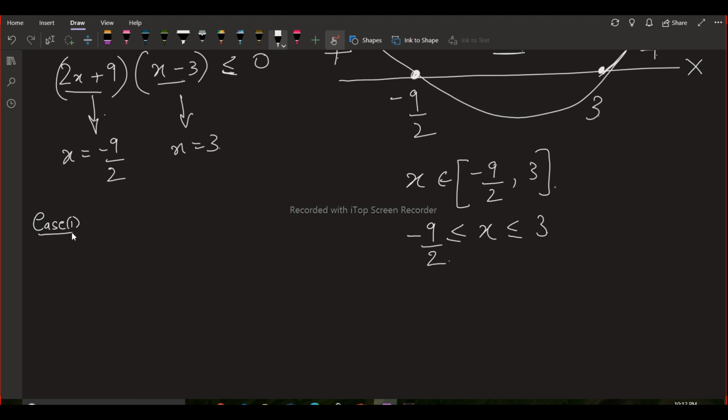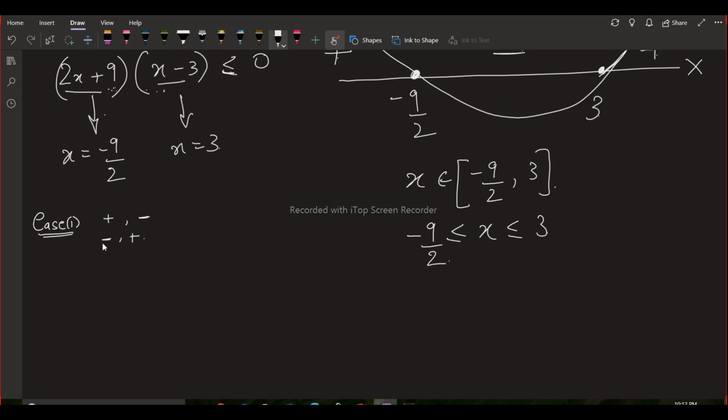So let's say case 1. Case 1 will be both these brackets should be positive. If both the brackets are positive, then you will never get less than equal to 0. You will get less than equal to 0 only when one bracket is positive and the other is negative, or one bracket is negative and the other one is positive.